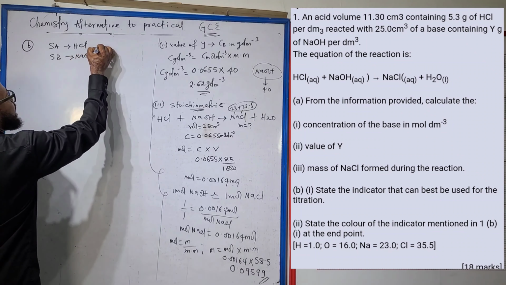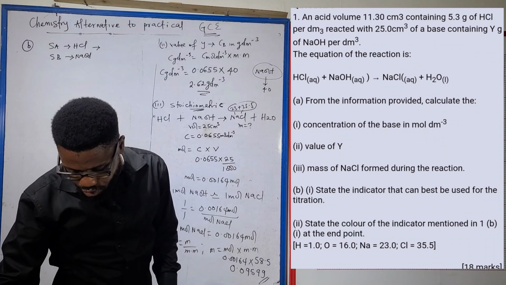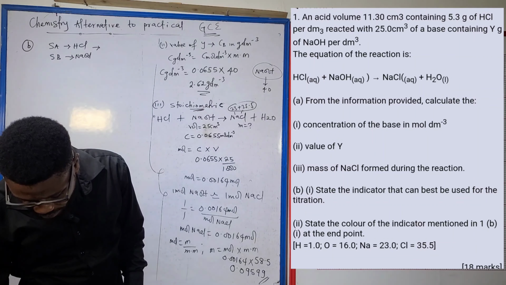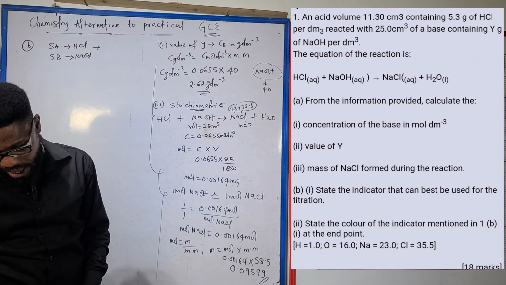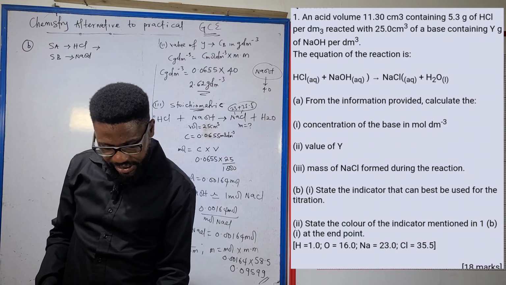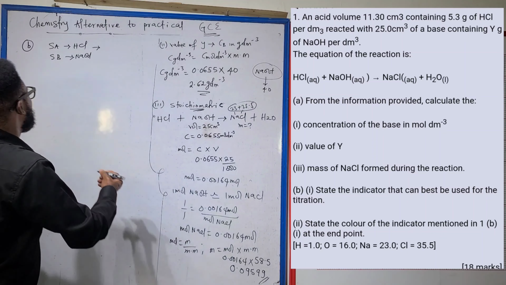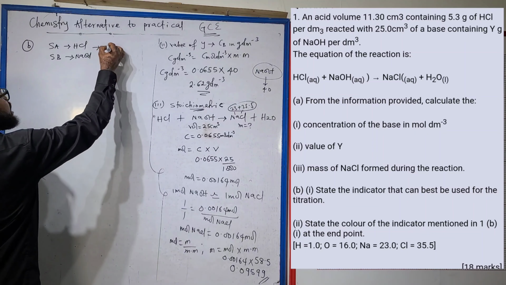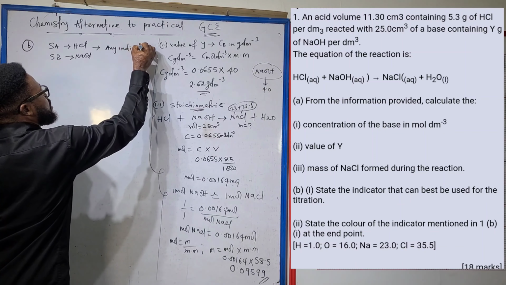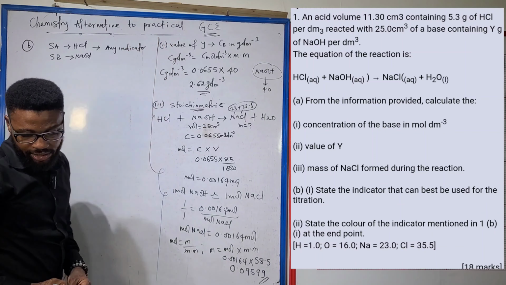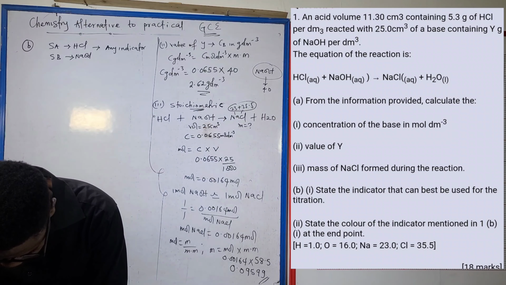So we can use any indicator, but let's say we want to make use of probably methyl orange. For this B, we can actually use any indicator.